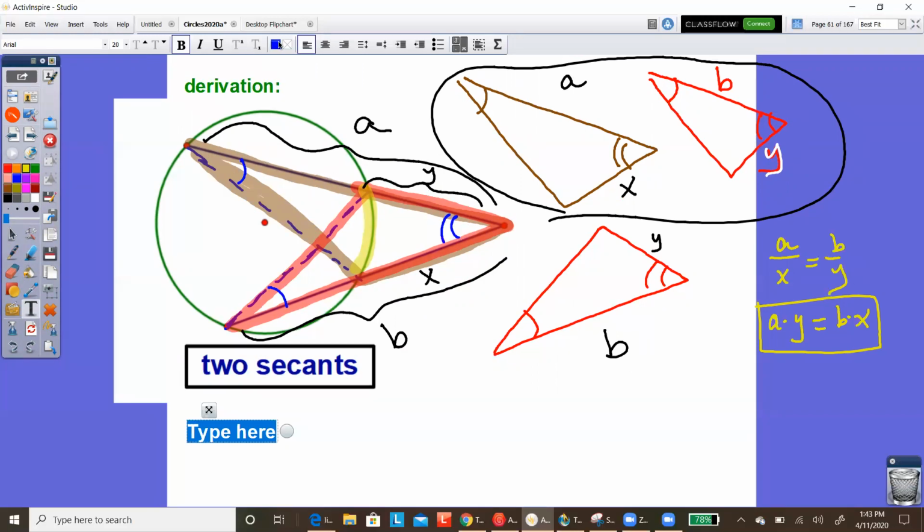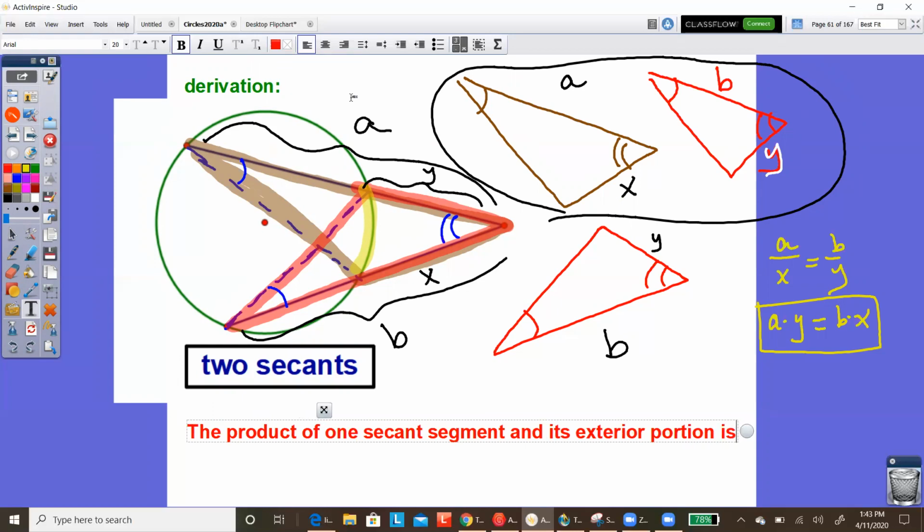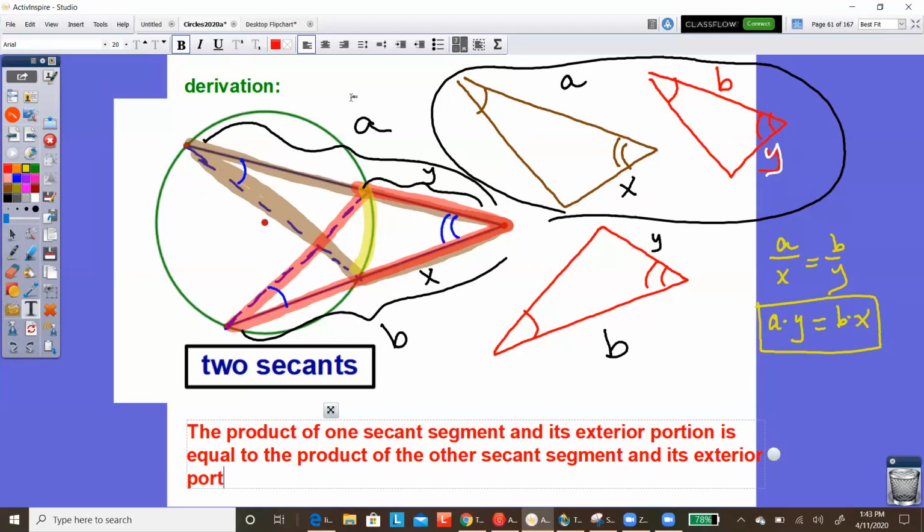So I'm going to type this out, and then I'm going to make like a little song out of it, which you're going to laugh, that's okay. So for two secants, the way we say it is the product of one secant segment and its exterior portion is equal to the product of the other secant segment and its exterior portion.